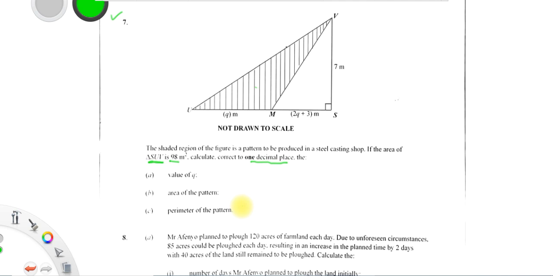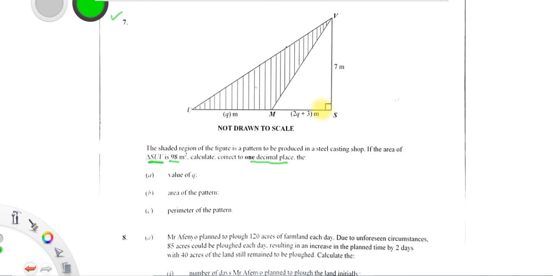So let us look at this question. It is going to be somehow lengthy. We have this bigger triangle SUV, and then we have another triangle because of the shaded portion, SMV.